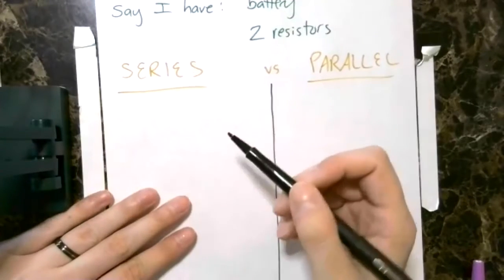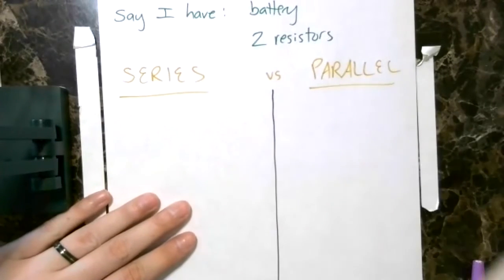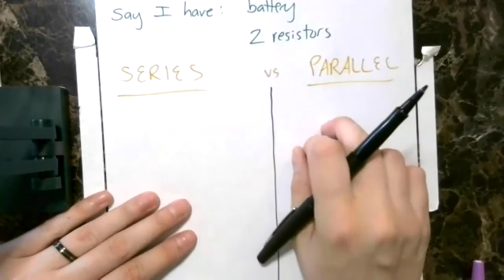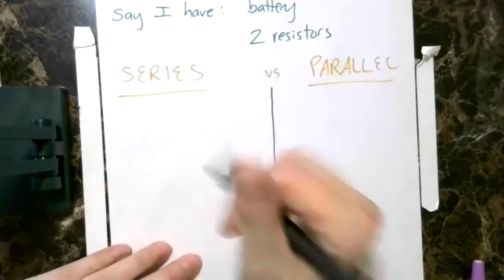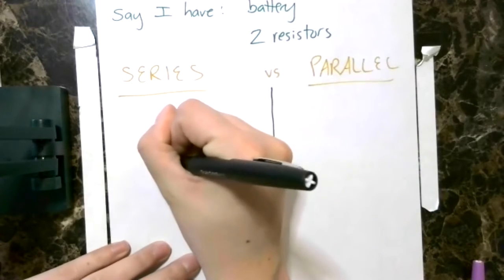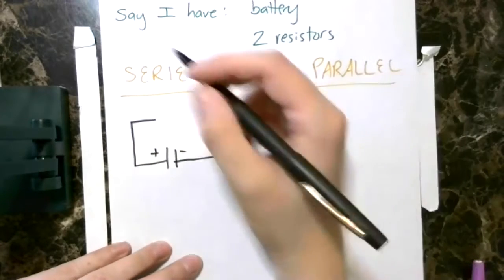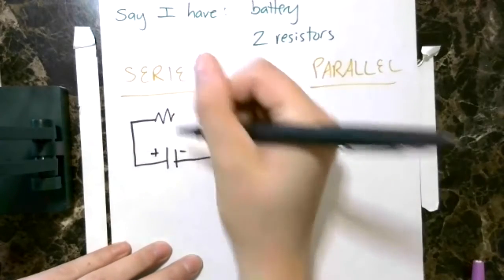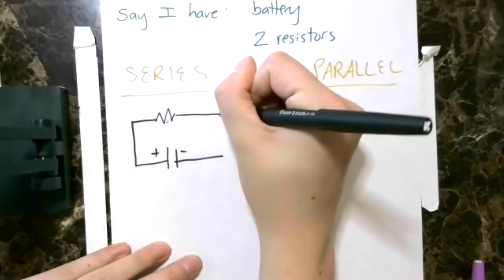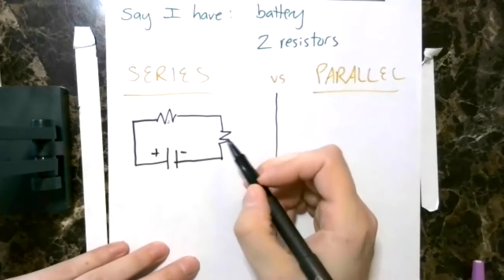Let me first draw the one in series. So again, series means one right after the other, ducks in a row. I'm going to draw my battery, and I'm going to draw 1 resistor here and 1 resistor here.